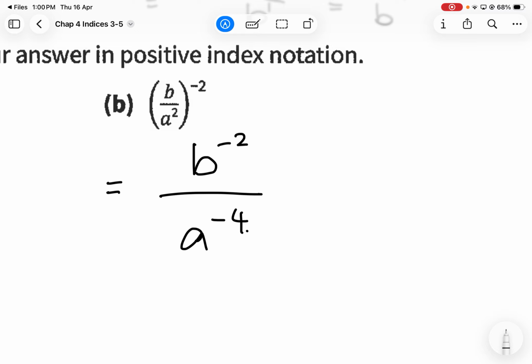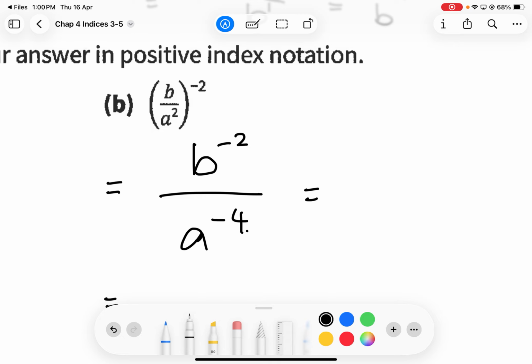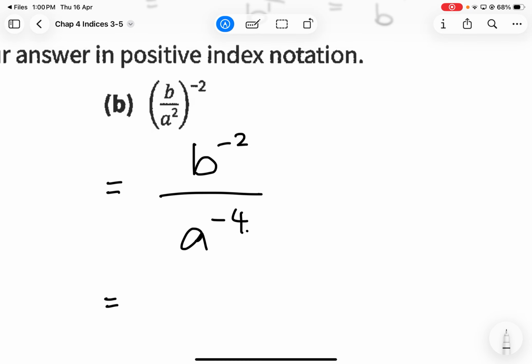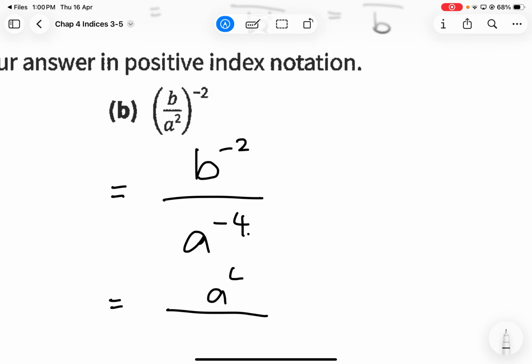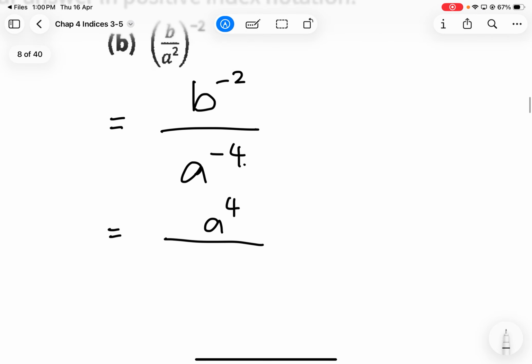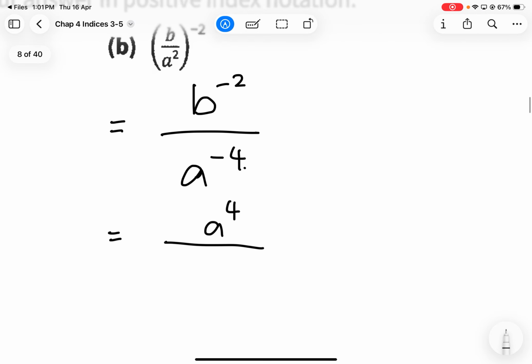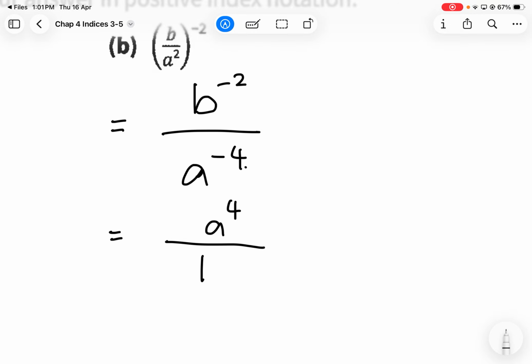Then after that, I don't want negative power, so I flip their position. Denominator go numerator, power change from negative 4 to positive 4. Numerator go to denominator, power change from negative 2 to positive 2.